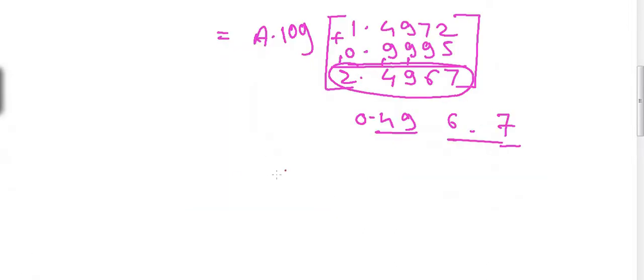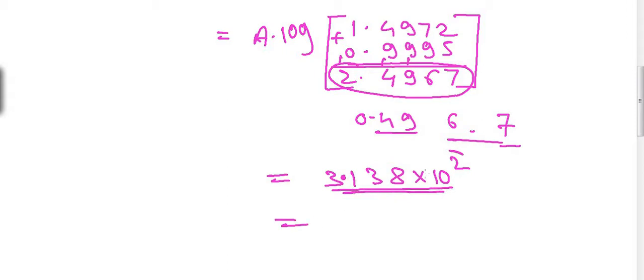So the anti-log is 3138. Now where to place the decimal? After the first digit. And what about the characteristic? Raise it to the power of 10, that is 10 raised to 2. If you want, you can multiply this 10 raised to 2, that is 100, with 3.138. So the final answer is 313.8.